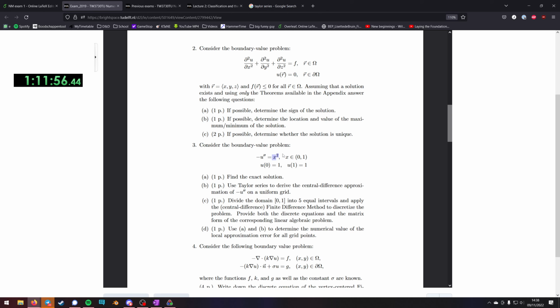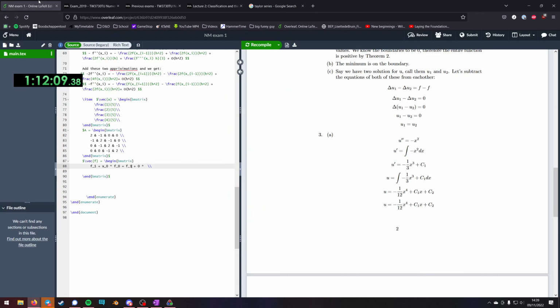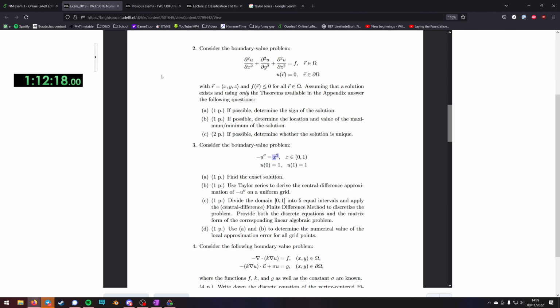So we know that the matrix A multiplied by u equals f. Yes. So this should not be x0, this should be u0. And we know u0 to be 1. Yeah.